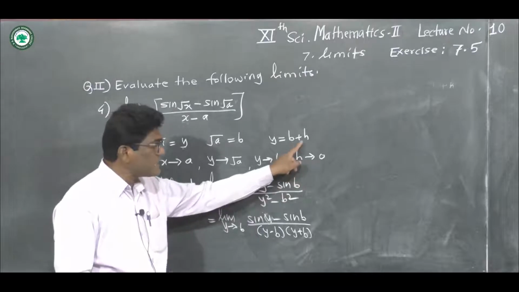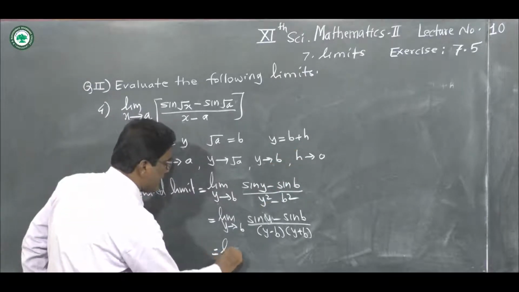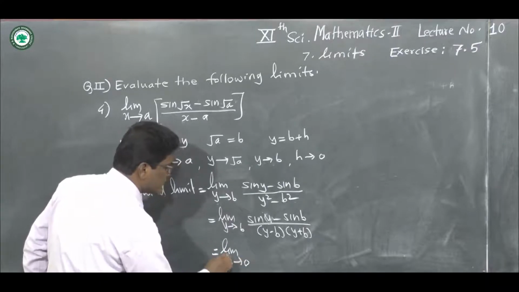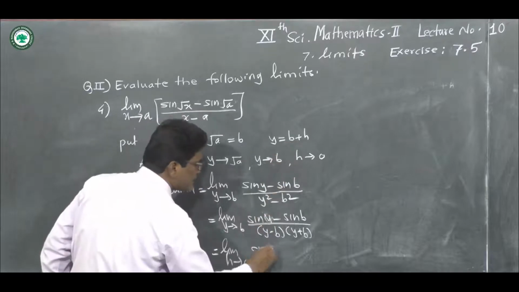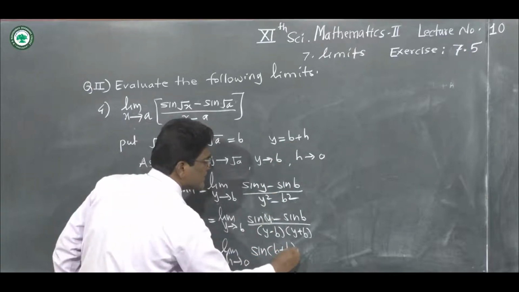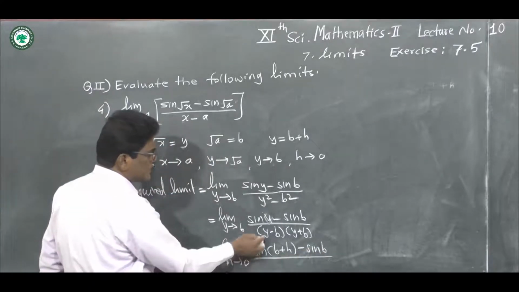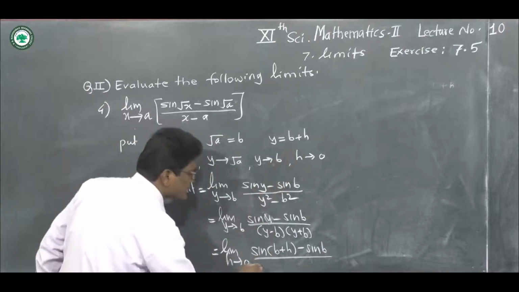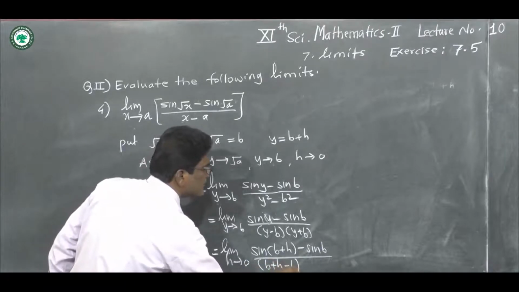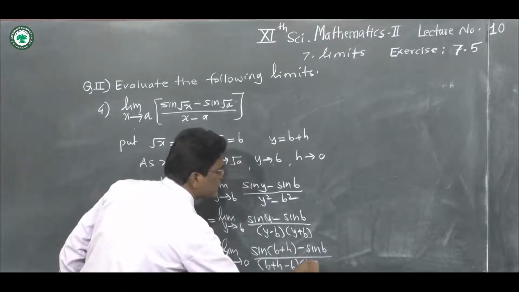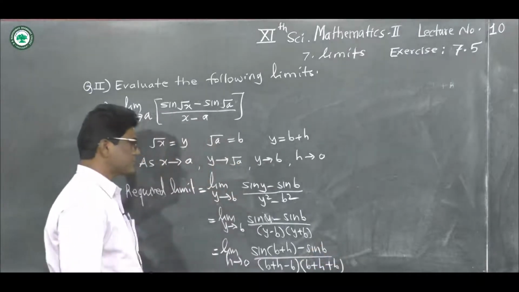Then we put y as b plus h. Therefore this is equal to limit as h tends to 0, sin of, now we put y as b plus h, minus sin of b and divided by, here also put y as b plus h, b plus h minus b, here also y as b plus h and plus b.